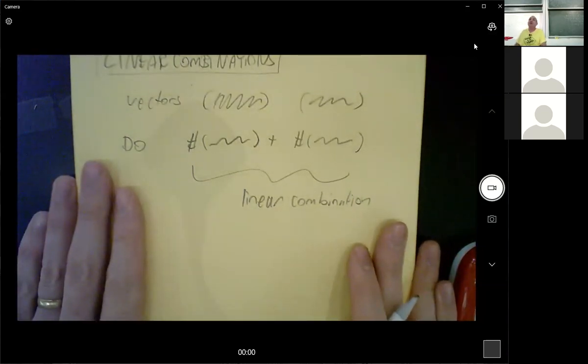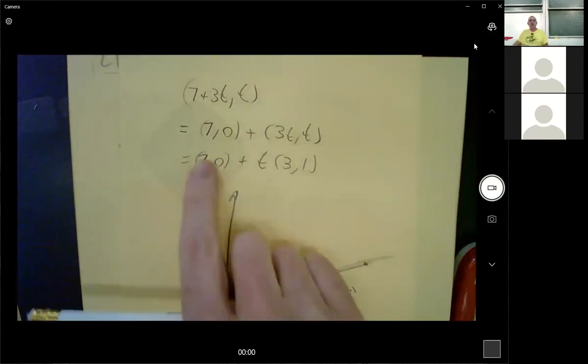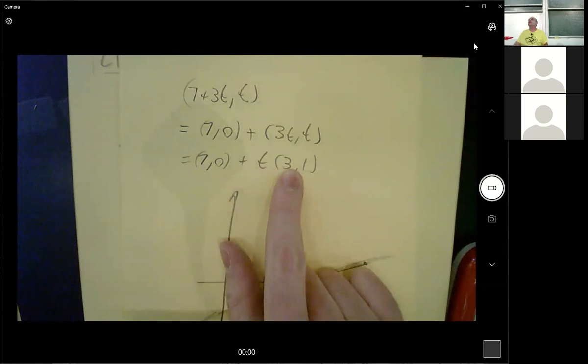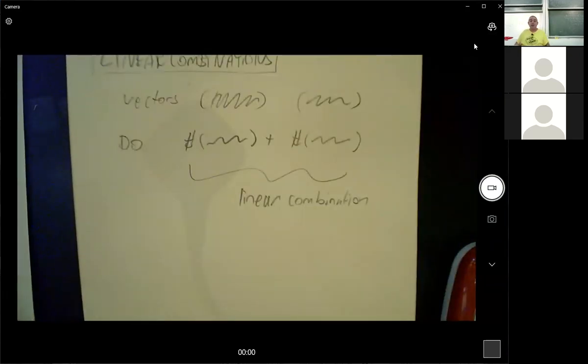That's what vectors are for, doing linear combinations. This here is a linear combination. It's 1 of this vector and t of this vector. Already made one. That's pretty much it. Like, just know that that's what happens.